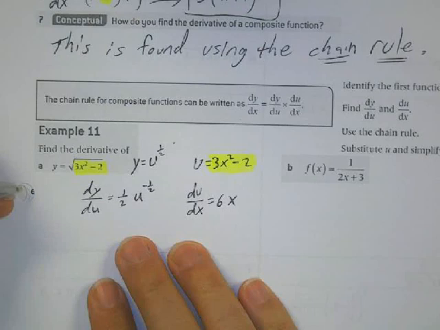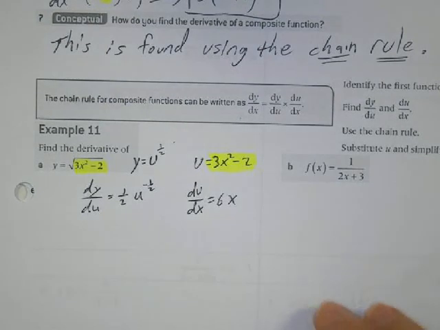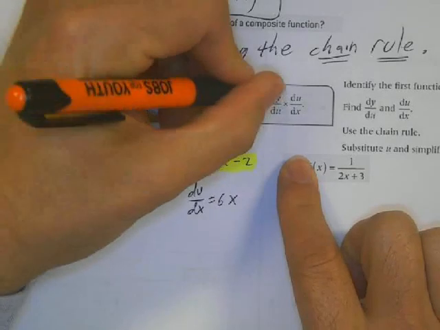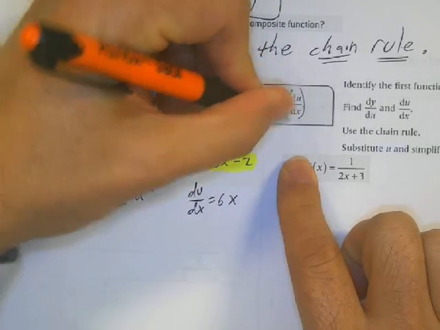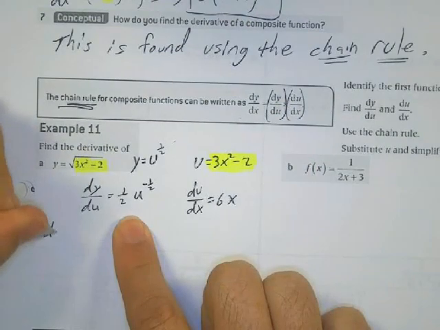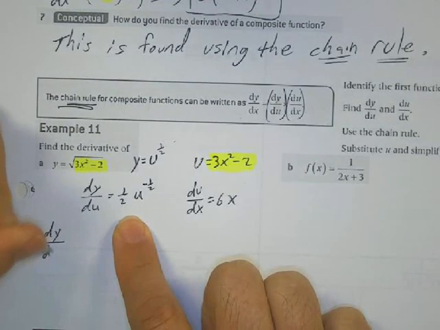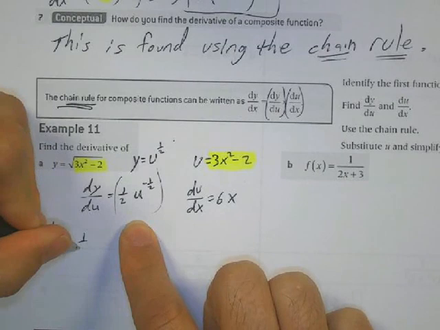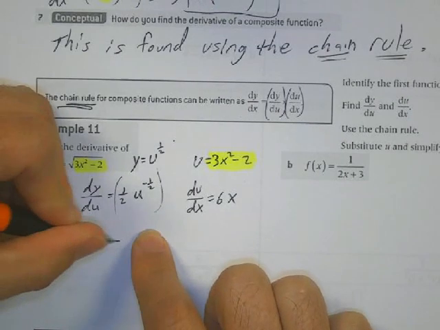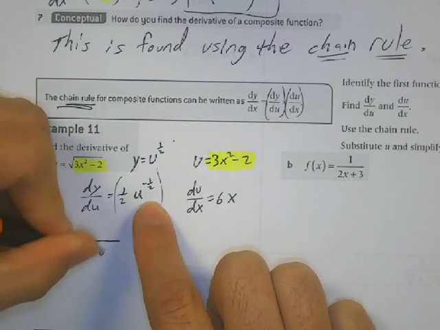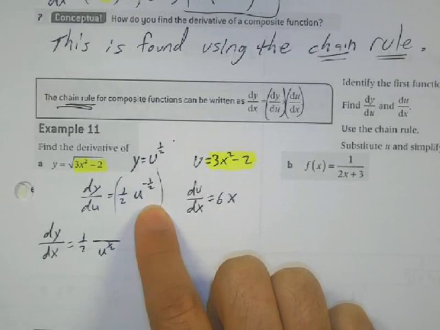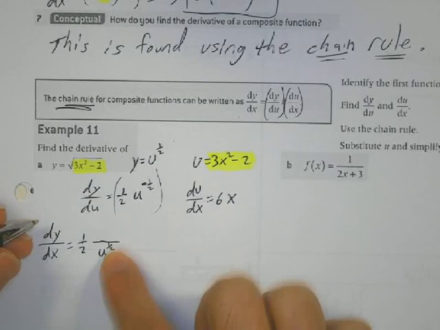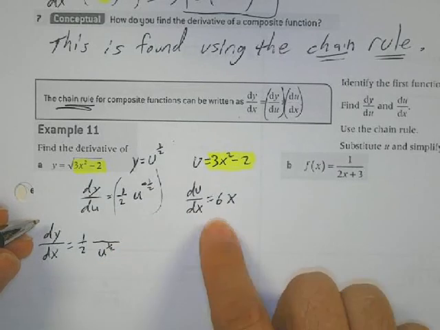Okay, so now using the chain rule, dy/dx is equal to this thing, 1/2. I'm going to put u to the 1/2 in the denominator. That makes this negative go away if I put it into the denominator, and then we've got 6x.